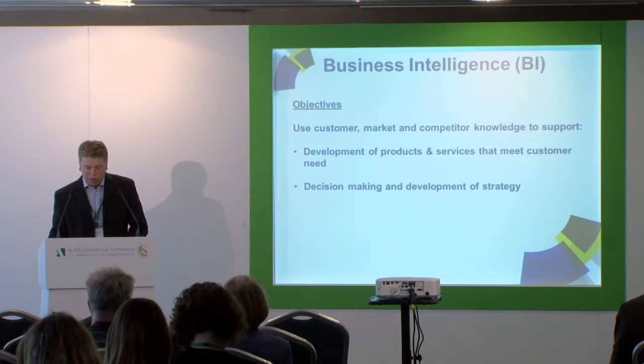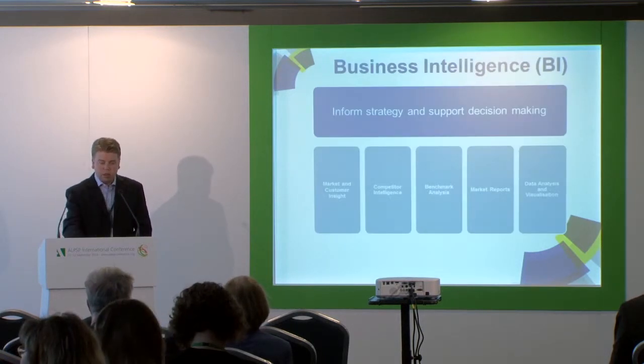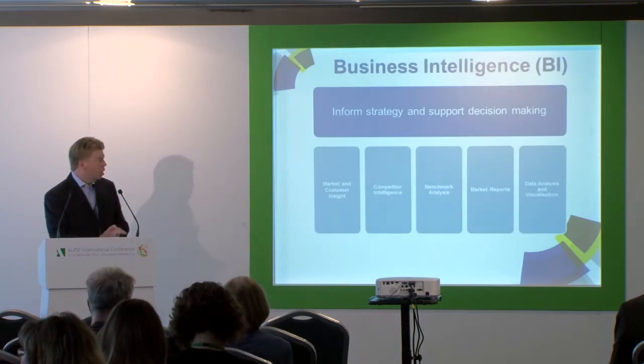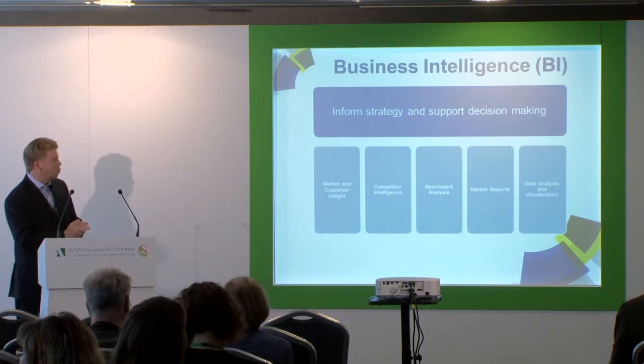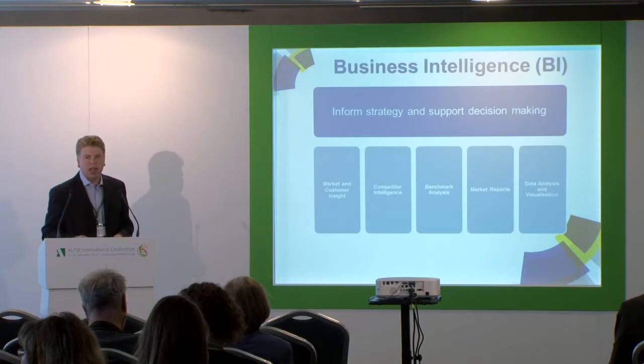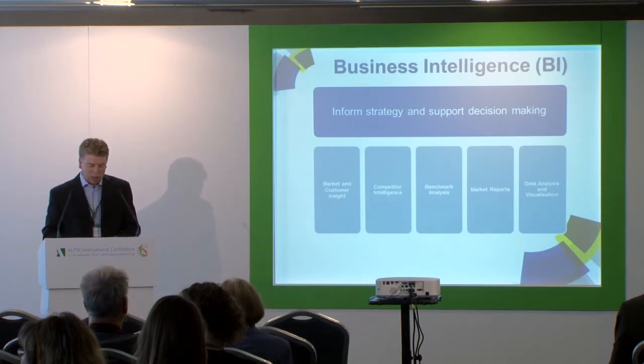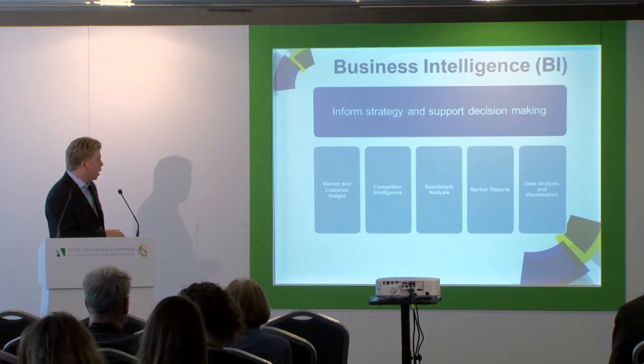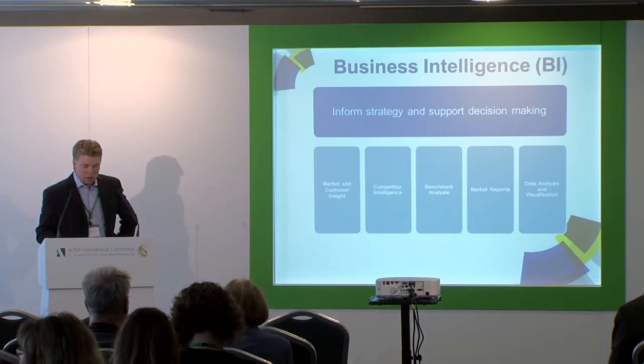A bit more detail about the business intelligence function. We hope you can see that from the back. It's a bit pale from where I'm looking. We've got 5 key areas within BI. First of all, the market and customer insight.